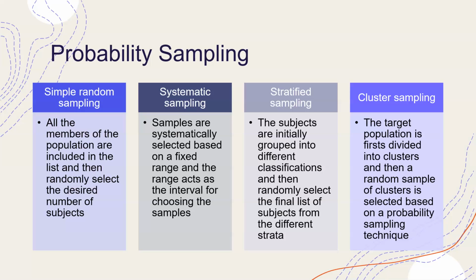Stratified sampling is also known as proportional random sampling. This is a probability sampling technique wherein the subjects are initially grouped into different classifications such as age, socio-economic status, or gender. Then, the researcher randomly selects the final list of subjects from the different strata.